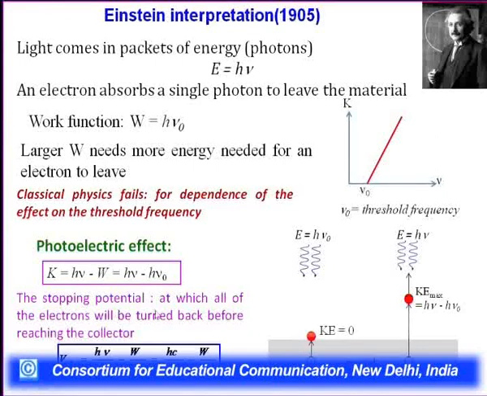Then the stopping potential is the potential at which all the electrons are turned back before reaching the collector. Then we define Vs equal to h nu by e minus W by e, and its value is hc by e lambda, where we replace nu by c by lambda, minus W by e.